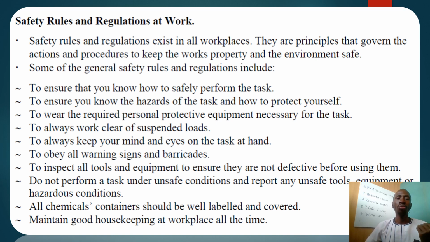So ensure that you are sure of what you're doing to avoid harming yourself or even harming the computer that you're working on. And remember, all chemicals, containers, and any other chemical material should be well labeled and covered. This is to avoid mixing them and causing harm. And lastly, maintain good housekeeping at workplaces at all times. This and many more are part of the safety rules and regulations at our workplaces.